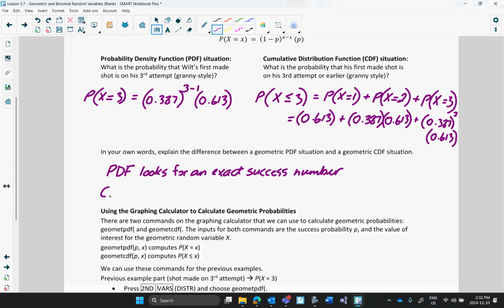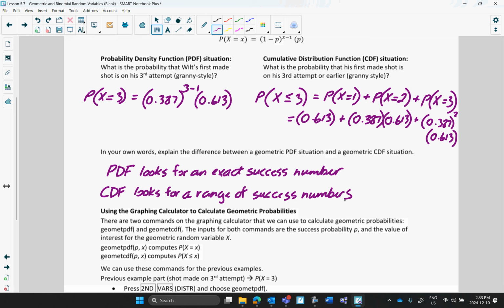CDF looks for a range of success numbers. So what's the probability of making it on the third or less? The probability of making it on the 9th or less.